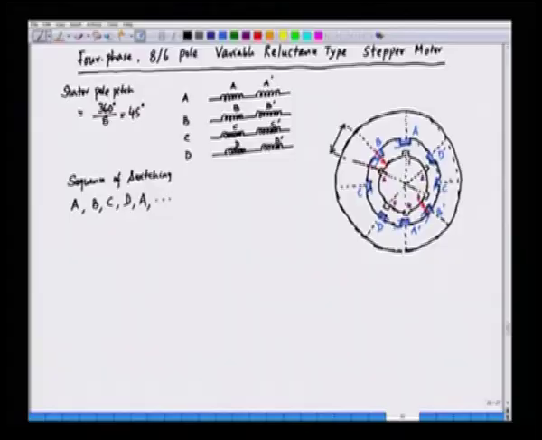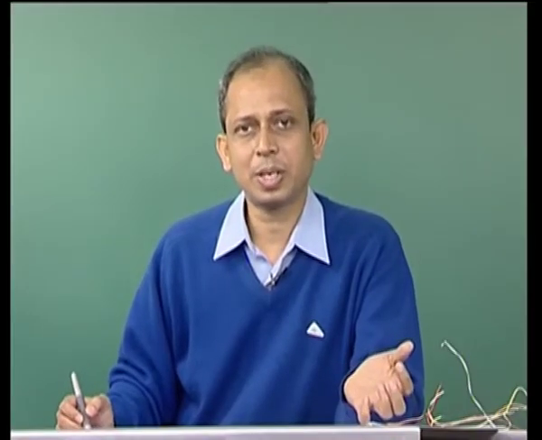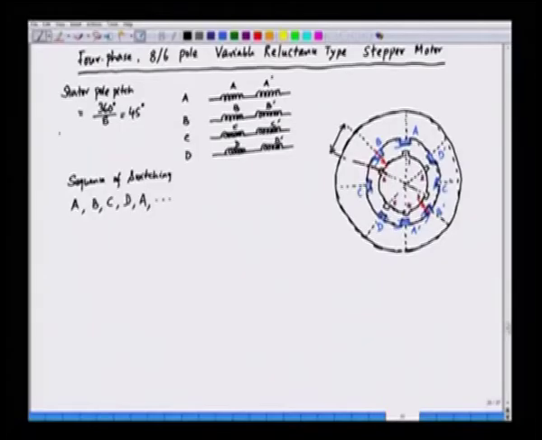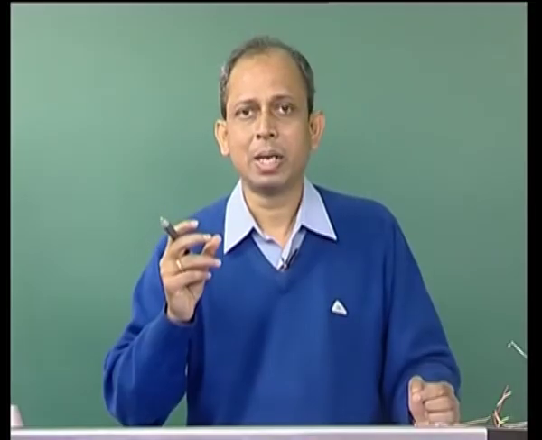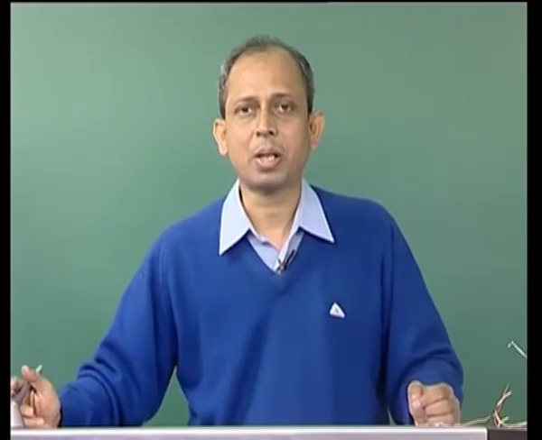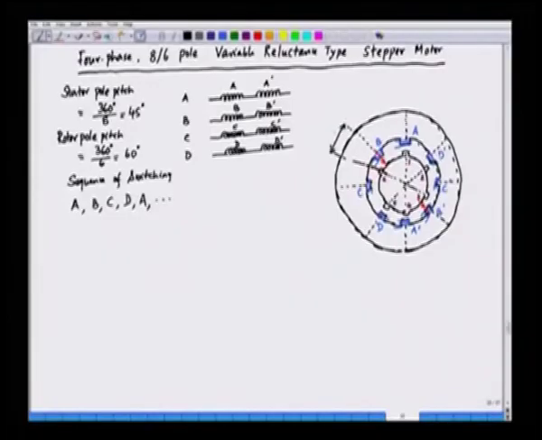The rotor pole pitch is 360 by 6, that is 60 degrees. So, the differential angle is 60 degrees minus 45 degrees, which is 15 degrees.